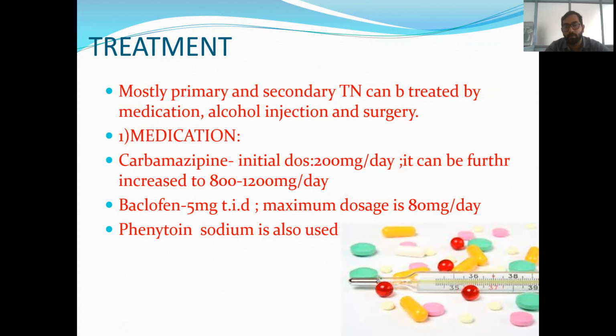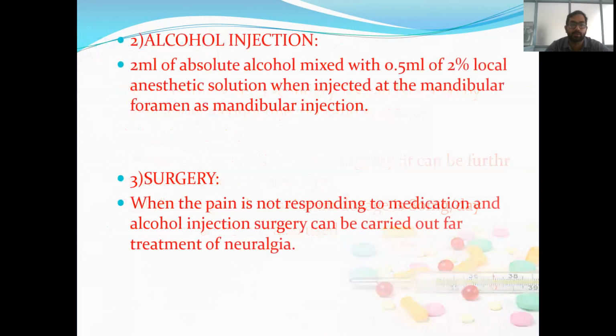Phenytoin sodium can also be used. The second is alcohol injection: 2 ml of absolute alcohol mixed with 0.5 ml of 2% local anesthetic solution, injected into the mandibular foramen as a mandibular injection. The third is surgery. When the pain is not responding to medication and alcohol injection, surgery can be carried out.